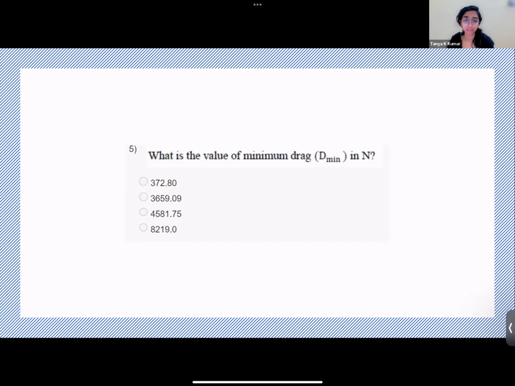Let's focus on the question. How do you find out the minimum drag? How do you find out the drag?